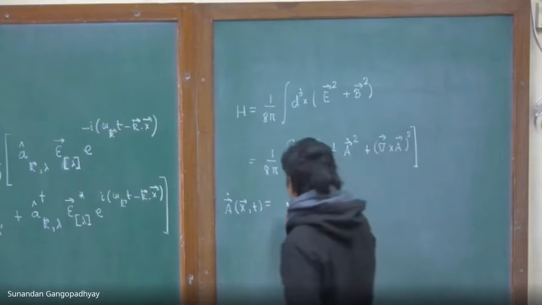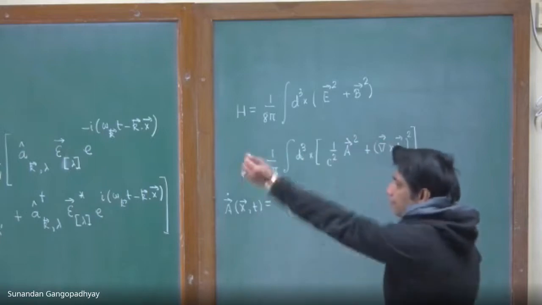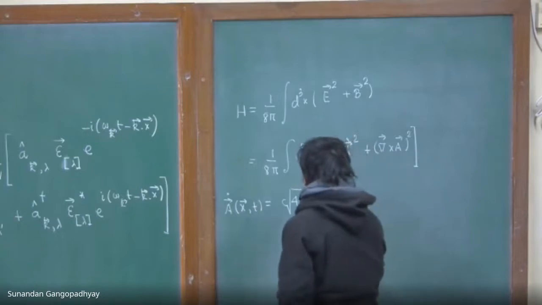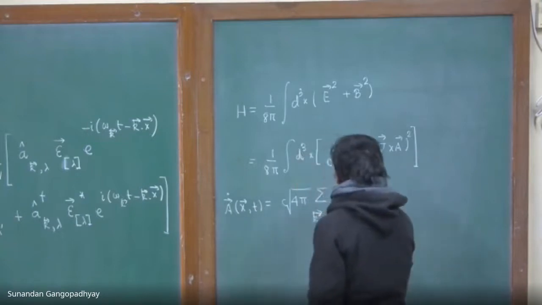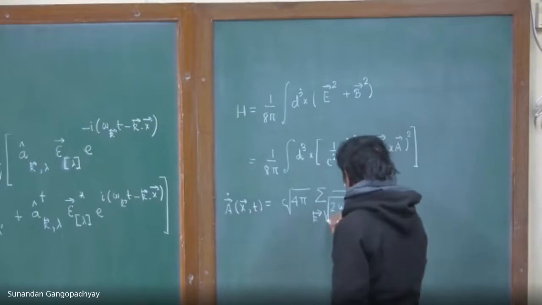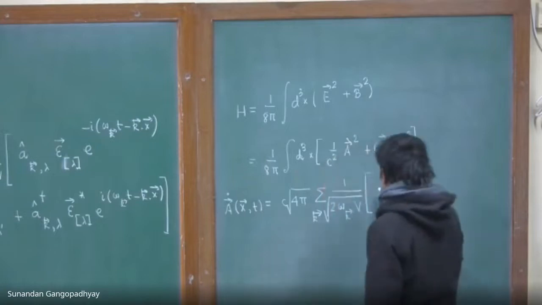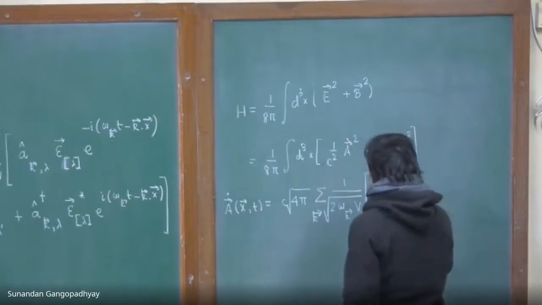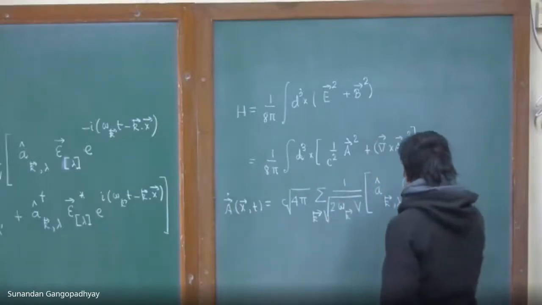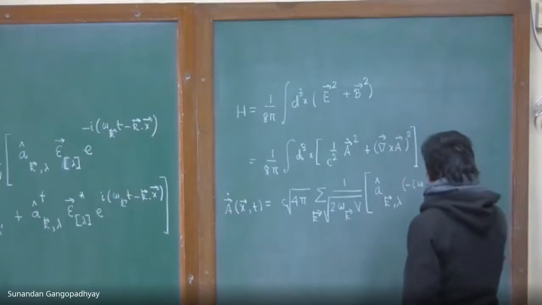So A dot will be c into square root of 4 pi, and then we will have summation over k, 1 by 2 omega k, then we have a_{k lambda} differentiated with respect to time, so I will have a minus i omega k epsilon.